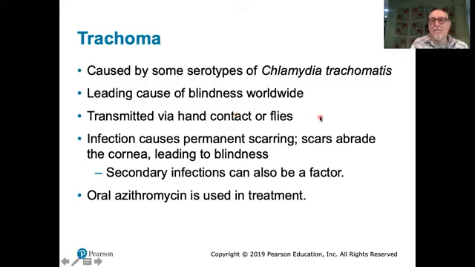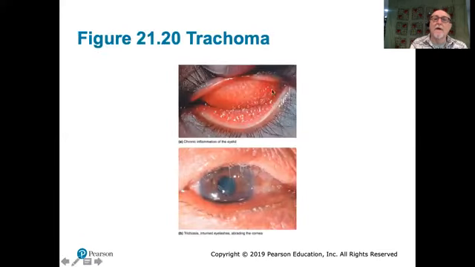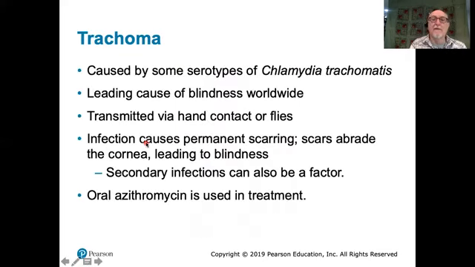And it sets up a chronic and very, very irritating conjunctivitis. So this is constant irritation of the conjunctiva and the lining of the eyelids, and it causes the eyelids to swell and to push the eyelashes inwards. They roll over, and the eyelashes actually abrade the cornea and cause blindness. It's a very, very common cause of blindness.